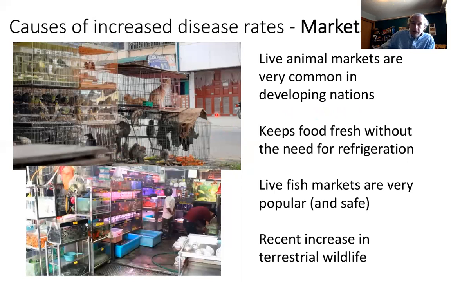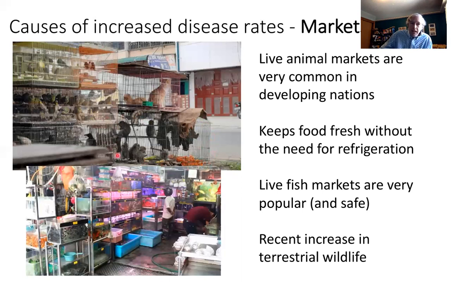The great thing about this system is it does keep food fresh in a tropical hot climate without the need to refrigerate. So if the animal that was in here, so this looks like a little monkey, if you killed this and you put it up for sale, in the climate this is in, that meat would be rancid, certainly within a day, possibly within sort of 6 to 7 hours.